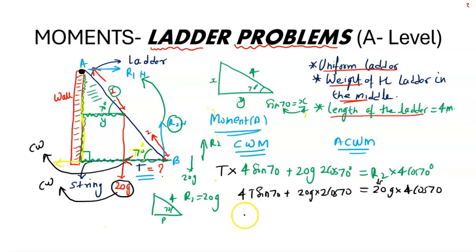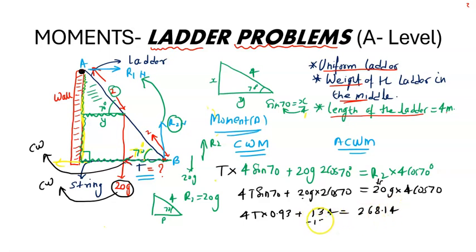Let's put the values in the calculator. 4 sin 70 will be 0.93 times T. 20 times G times 2 times cos 70 should be 134. 20 times G times 4 times cos 70 should be 268.14.